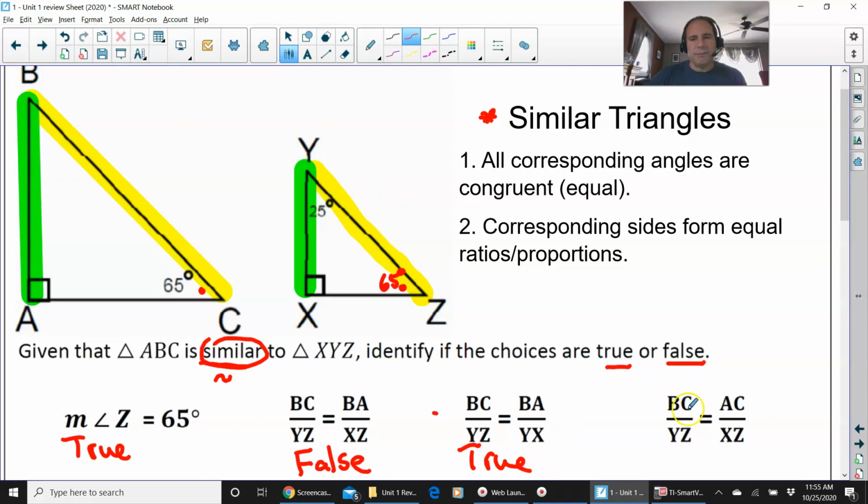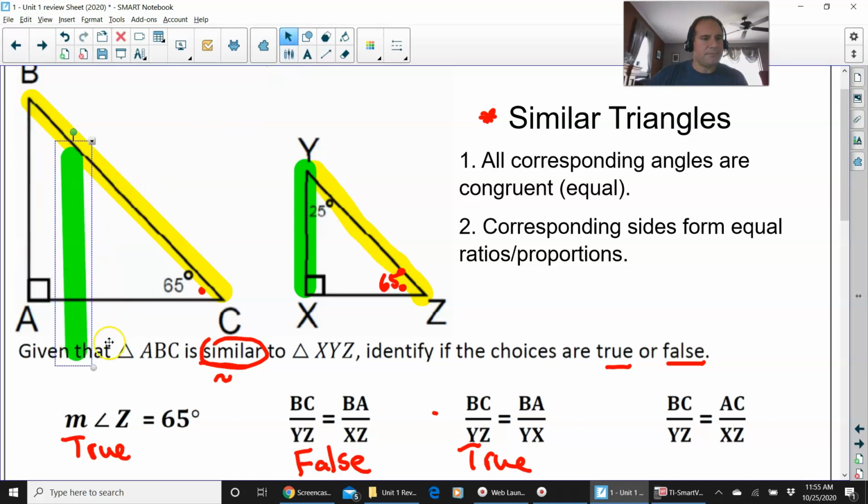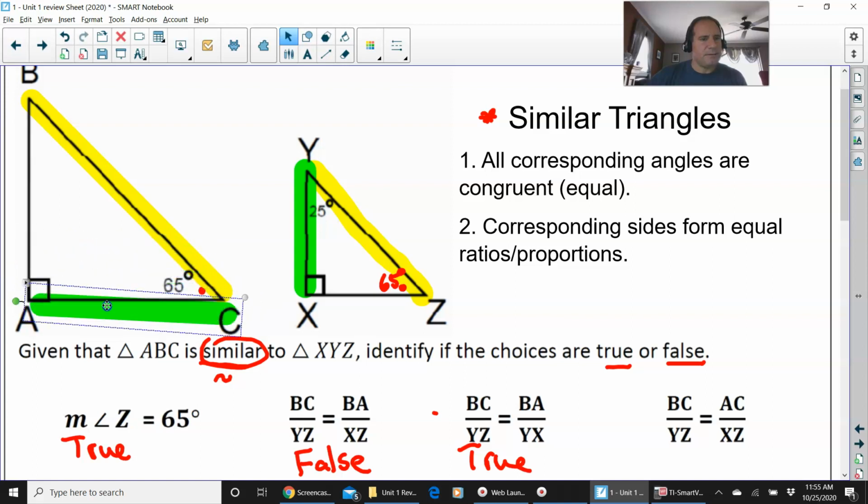All right, we're going to do BC over YZ again. So that's in the yellow. Over AC. Let's see if I could twist this around. AC is this way, over XZ.